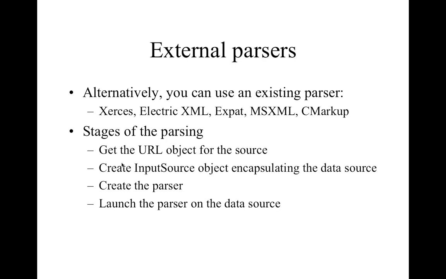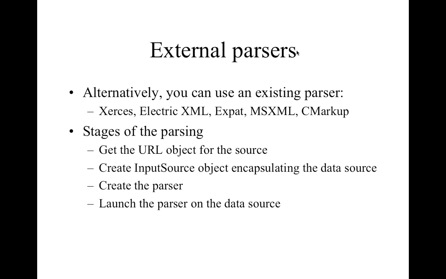External parsers. Alternatively, you can use existing parsers. You need not write your own parsers, just like how you did for SAXHandler. You need not do everything on your own. There are already good APIs available, like Xerces and Expat. These are already implementing all this SAX stuff.